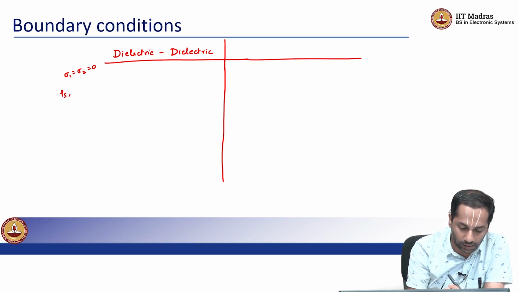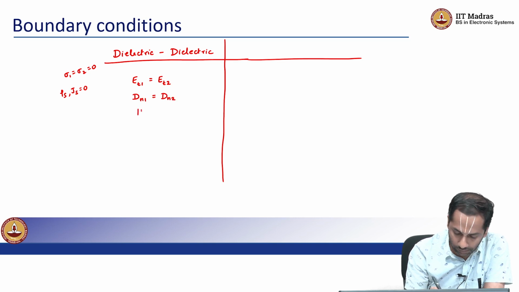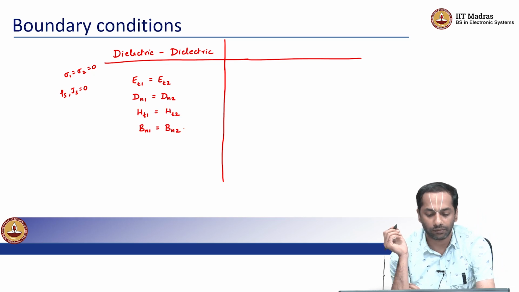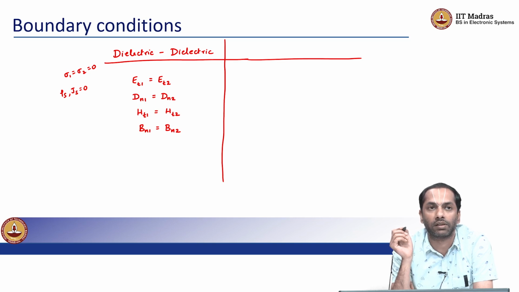So, the boundary conditions quite simply become, okay, since surface charges and surface currents are 0, it becomes just an equality.